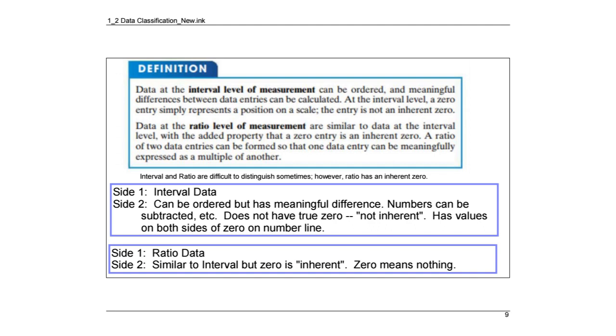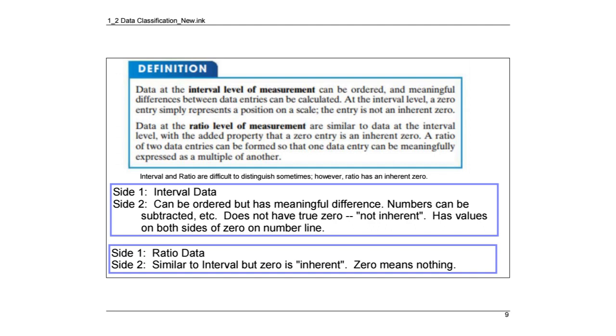Now we have what we call a true zero, or not a true zero, so being inherent or not being inherent. I'm going to show you that on the next page and show you what I mean. But what happens is, if the data also has negative numbers or numbers on the left-hand side of 0, then it's going to be interval data.